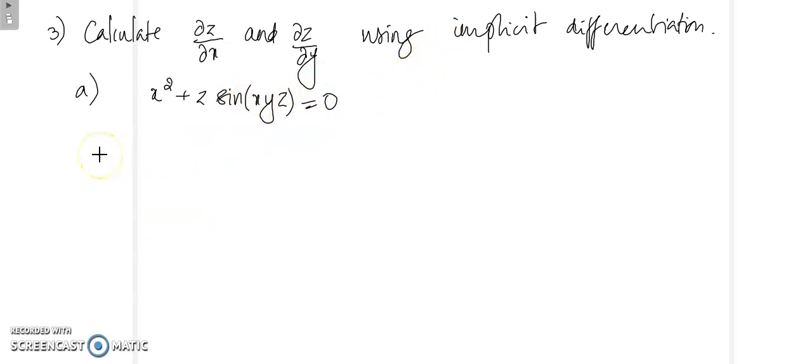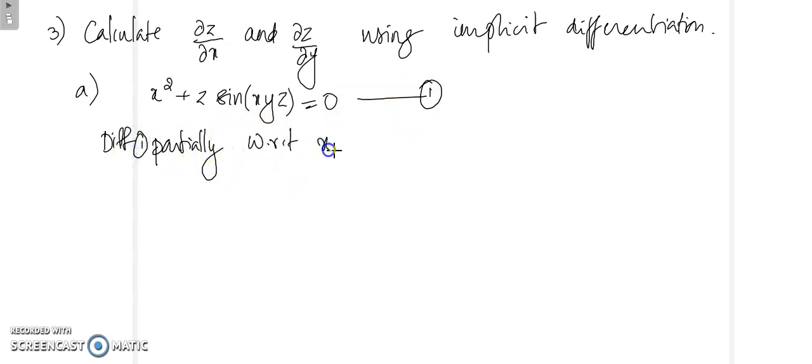So you need to find dou z by dou x and dou z by dou y. So first let us differentiate partially. Let us call this equation 1. So differentiate 1 partially with respect to x.